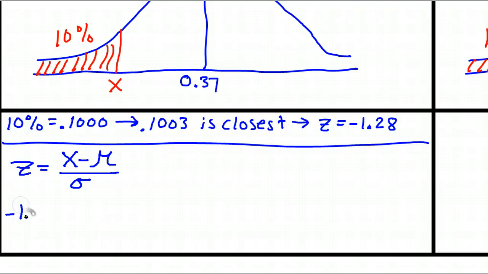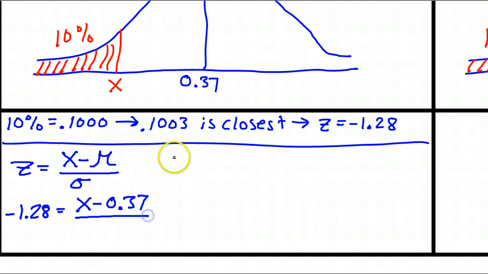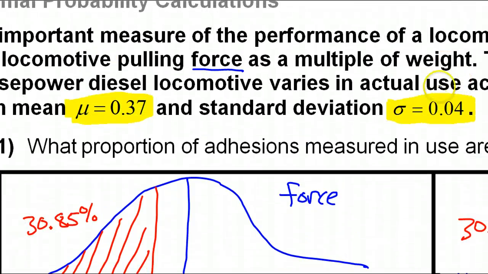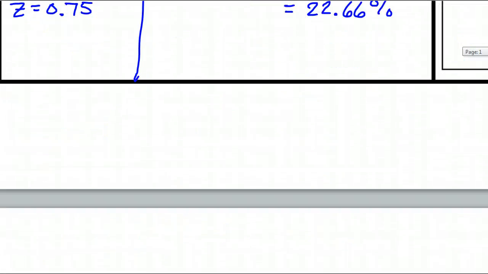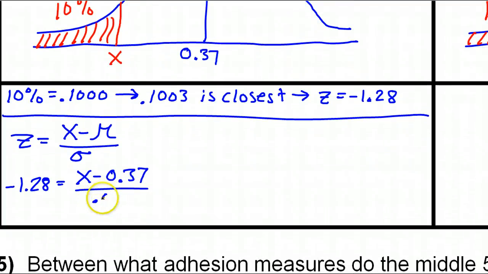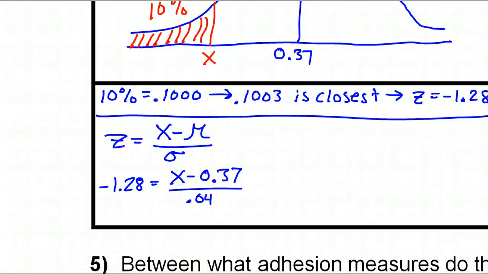So negative 1.28 is equal to the x value here minus the mean, which is 0.37, divided by the standard deviation, which I believe was 0.04. Yeah, look at that. Divided by 0.04. So I need to just solve this little equation right here for x.